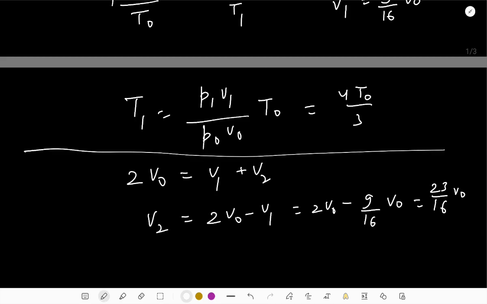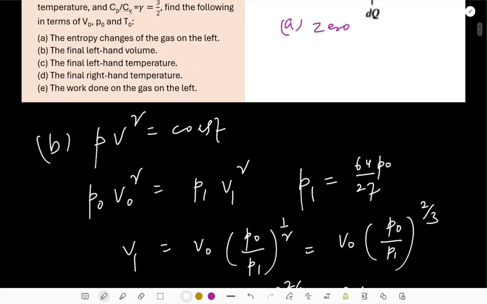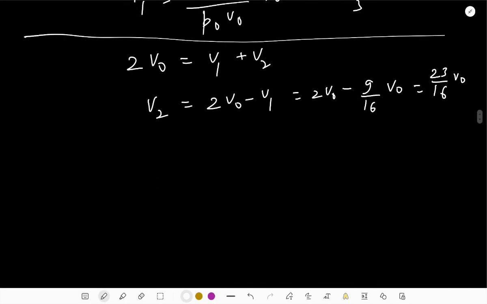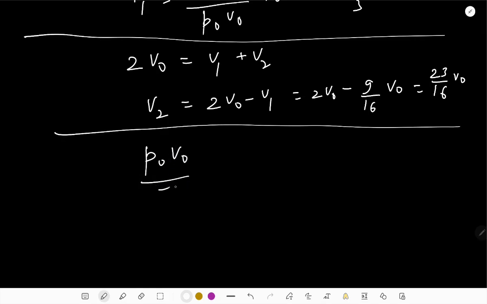And again we need to find the right hand side temperature, and this is quite simple to find. If we again use that the number of molecules of the gas in the right hand side also remains constant, we can again use PV by T equals constant for the right hand side of the piston, and we can write the equation like P0 V0 by T0 equal to P1, or P2. P2 is equal to P1, so either we can write P1 or P2.